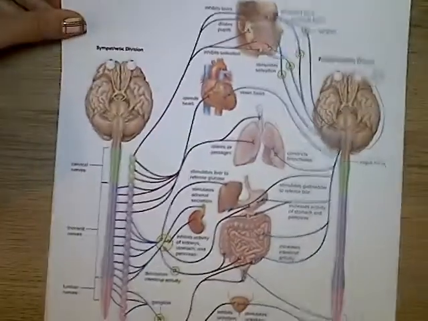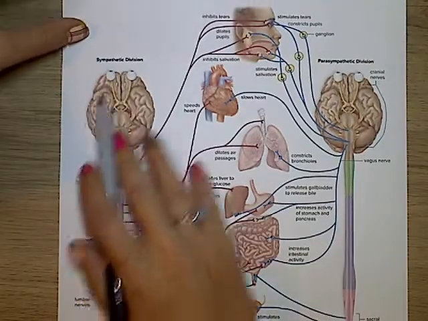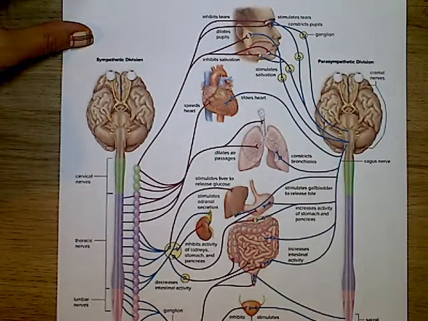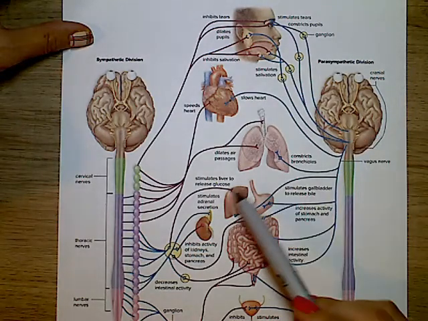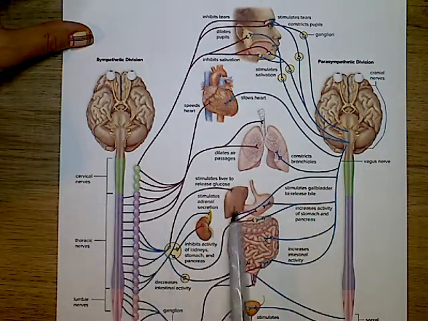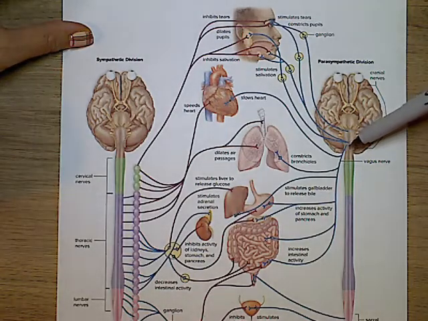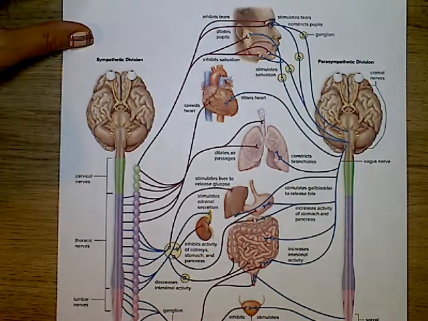So anyways, over here in this picture, we've got sympathetic on this side. We've got parasympathetic on this side, and then it shows the regions where the nerves emerge from the spinal cord. So you've got the thoracic and lumbar nerves, and then it shows the different parts of the body that they go to. And over here, it emerges from the brainstem and the sacral nerves.